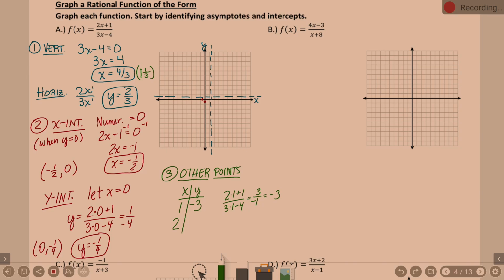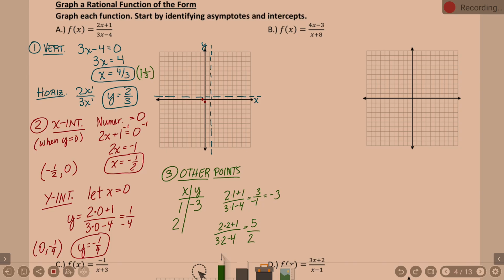Okay, let's put in 2 also. Going to the original problem, so (2 times 2 plus 1) over (3 times 2 minus 4). Is everyone with me on where I'm plugging these in? Original problem, yes? 2 times 2 is 4, plus 1 is 5. 3 times 2 is 6, minus 4 is 2.